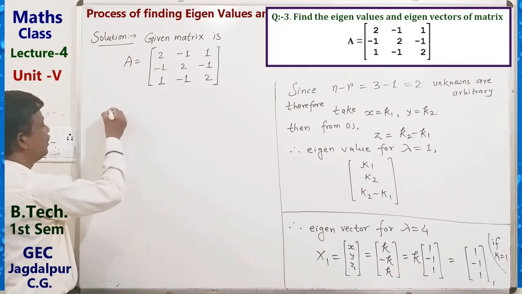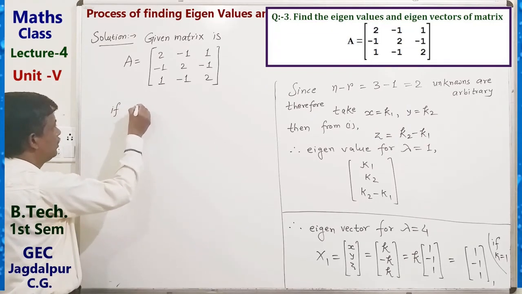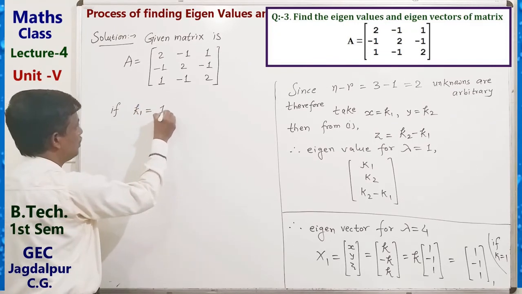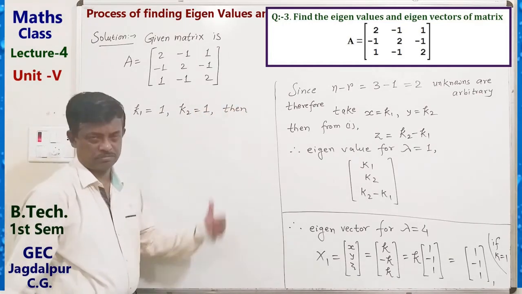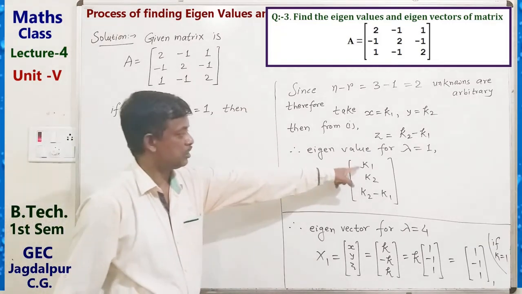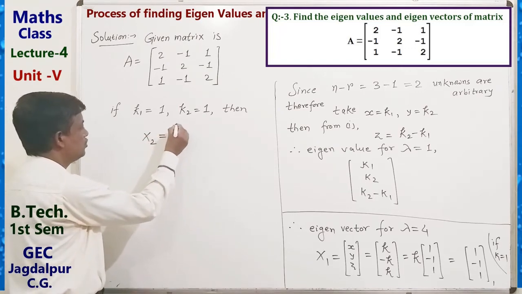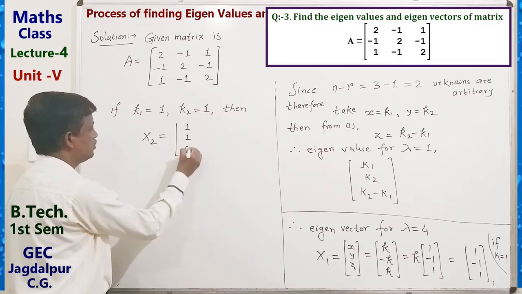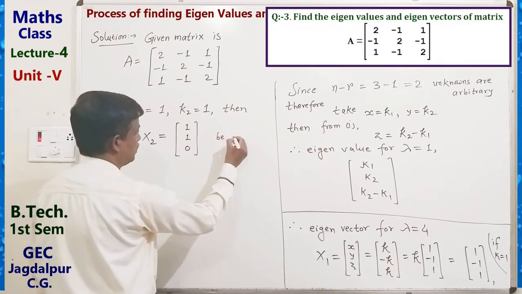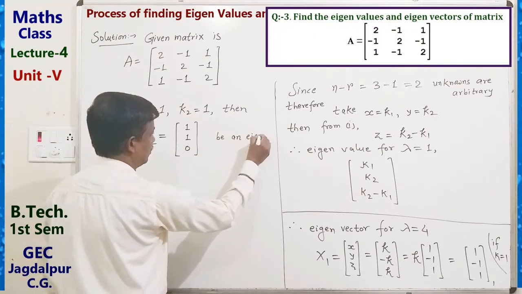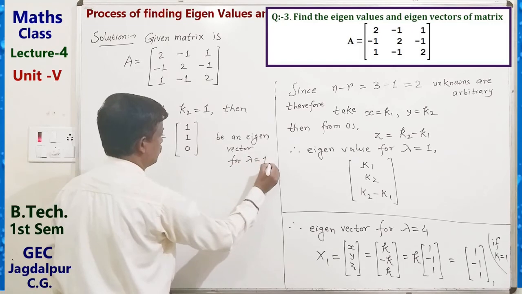Just like if k1 equals 1 and k2 equals 1, then x2 equals 1, 1, 0 will be an eigenvector for lambda equals 1.